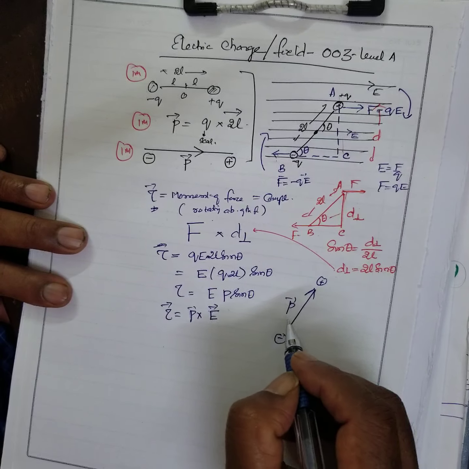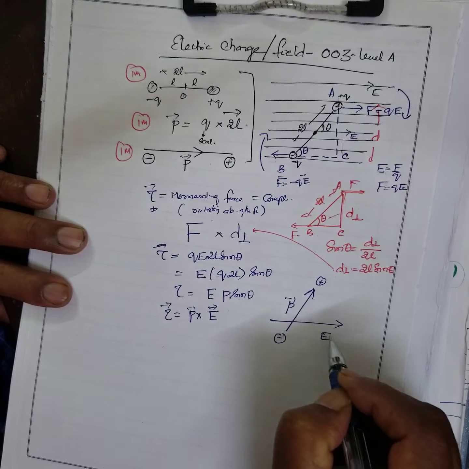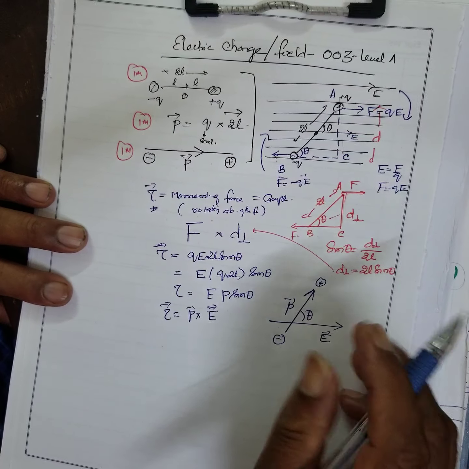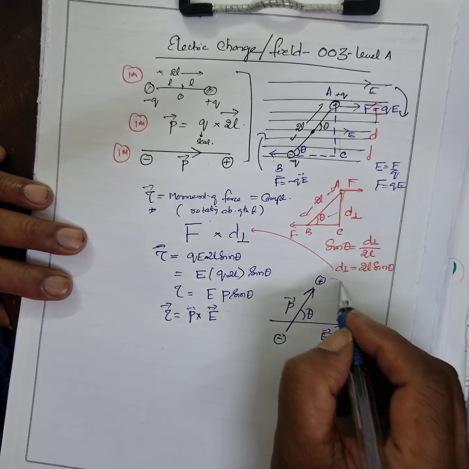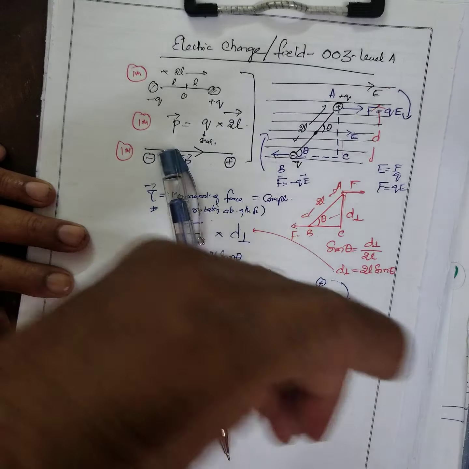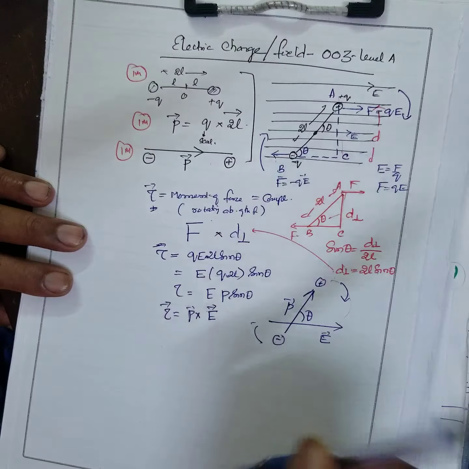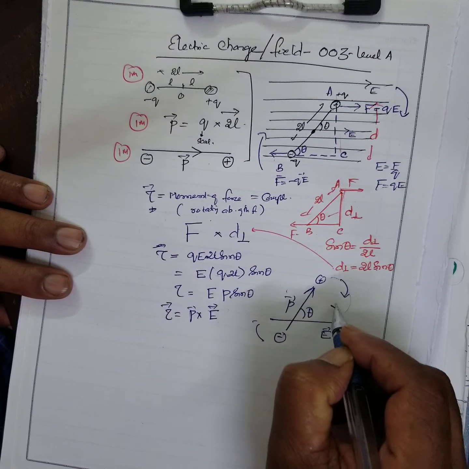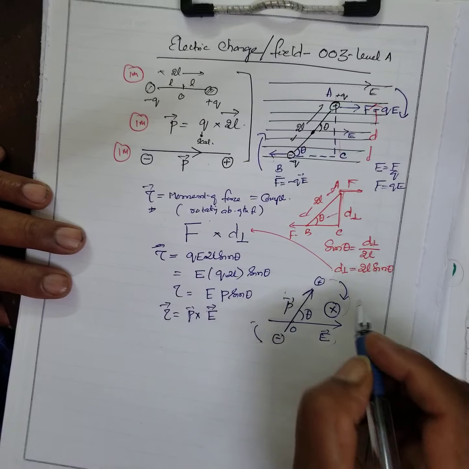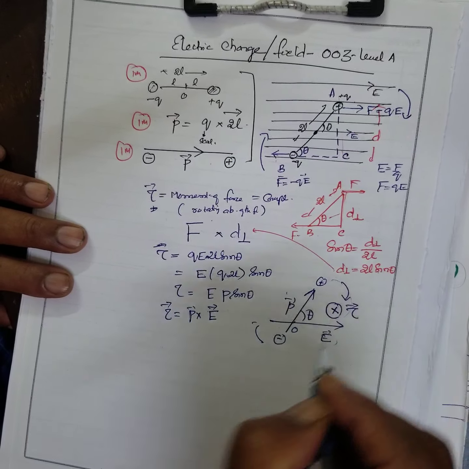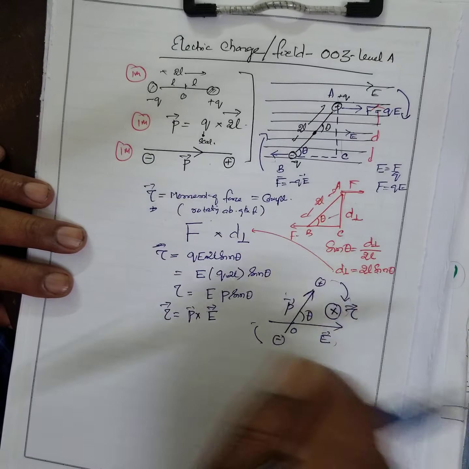Electric field is also in this direction, E. Theta is the angle. Then it rotates in this direction, is it not? Rotating in this direction. Therefore, P cross E is what? Inside the paper. Torque is inside the paper, right?